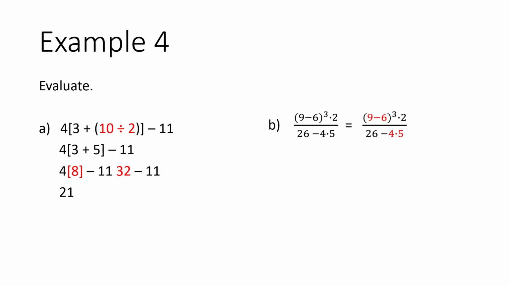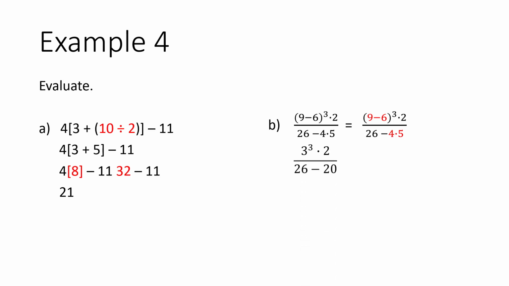So in the numerator, we'll work inside the parentheses and do the 9 minus 6. The denominator doesn't have any parentheses or exponents, so we'll move right on to multiplication and do the 4 times 5.